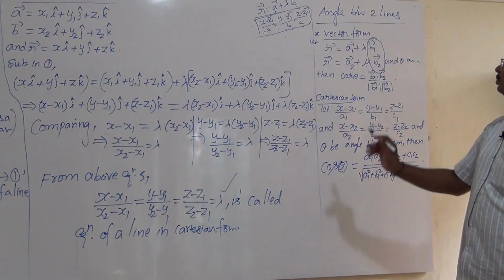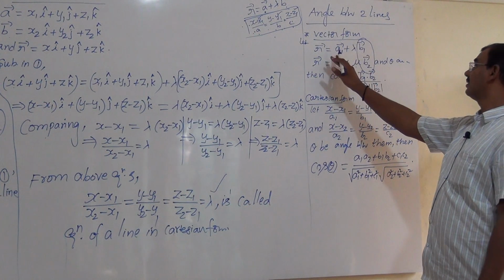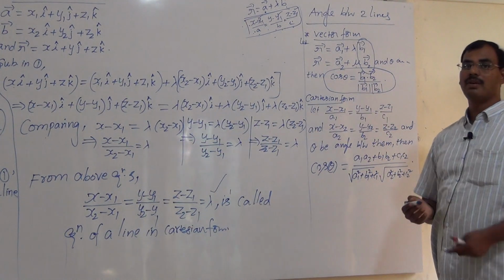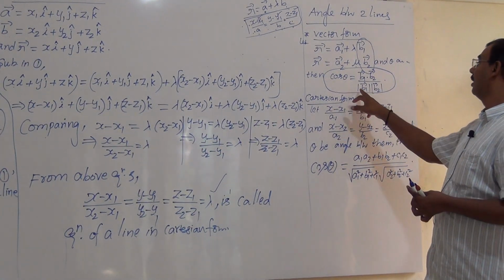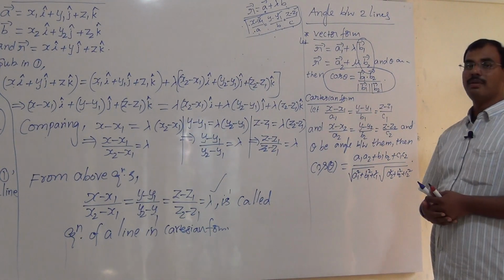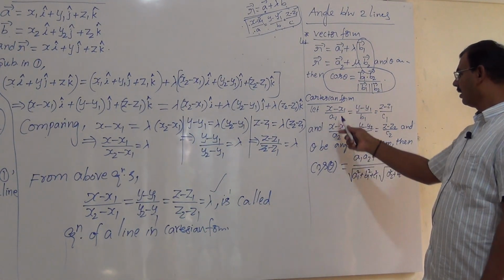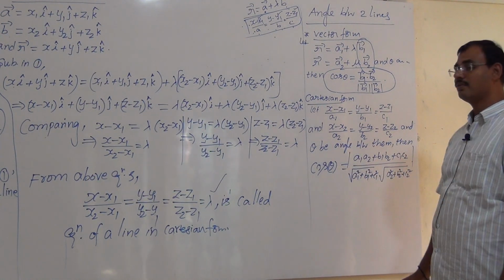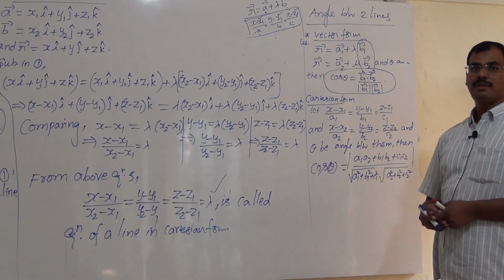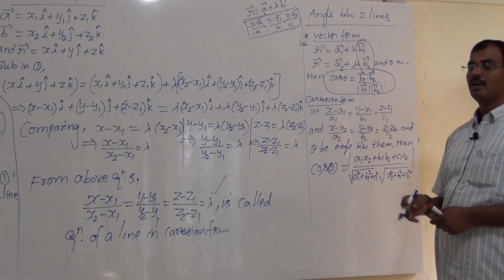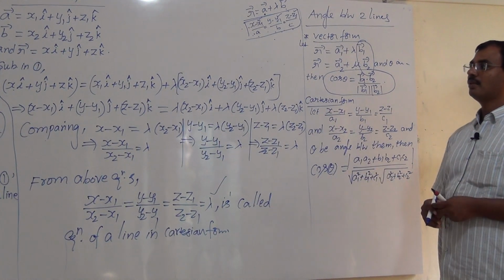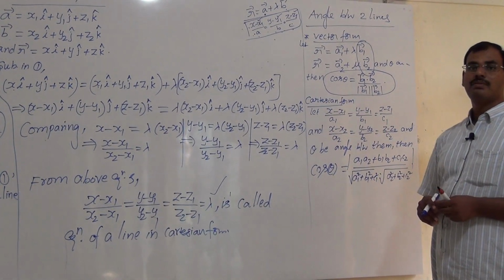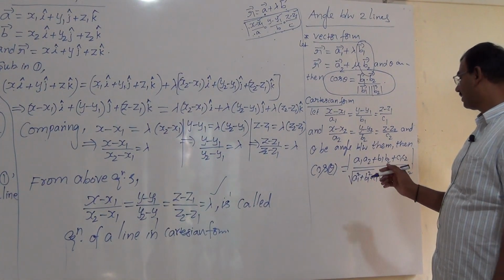For the angle between two lines in vector form, cos theta is equal to b1 bar dot b2 bar by magnitude of b1 bar into magnitude of b2 bar. In Cartesian form, if we take the acute angle, cos theta is equal to the magnitude of a1 a2 plus b1 b2 plus c1 c2 upon square root of a1 square plus b1 square plus c1 square into square root of a2 square plus b2 square plus c2 square.